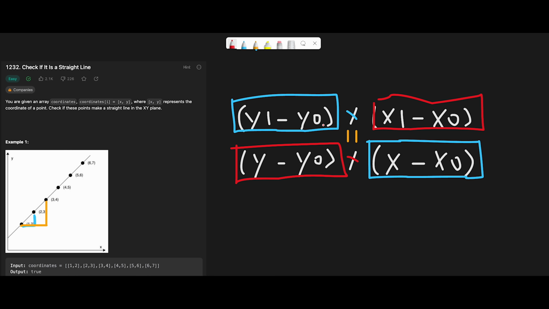If these calculations are the same, we can confirm that these three are on the straight line. If not, we immediately return false. So we will implement this formula. That is the basic idea to solve this question. With that being said, let's get into the code.